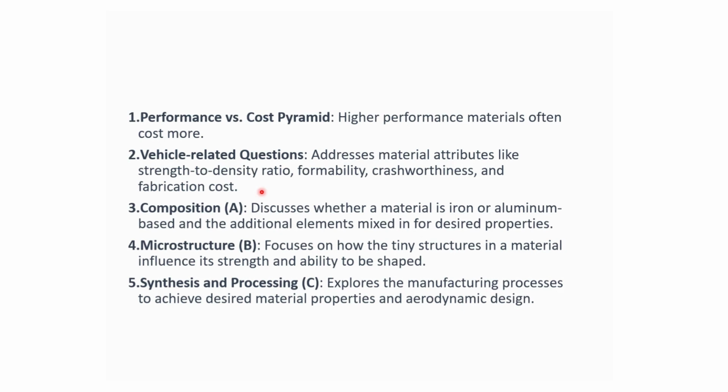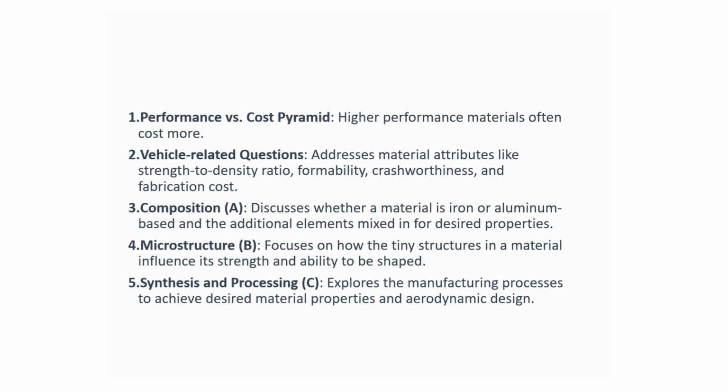We can see that in terms of the performance versus cost pyramid, higher performance materials often cost more. Secondly, in a vehicle-related question, it addresses material attributes like strength to density ratio, crashworthiness, and fabrication cost.